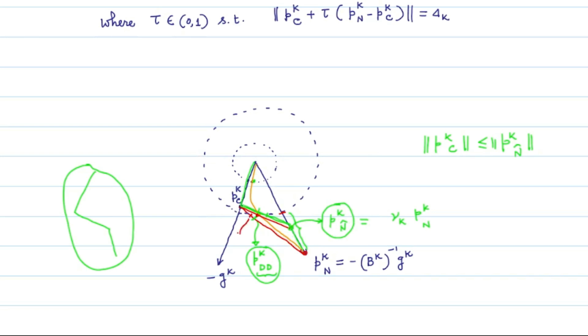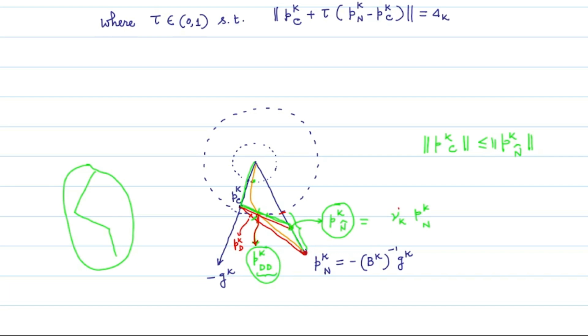So this was the location of PKD, but PK double D's location is this one, and therefore you notice that PK double D is a bit inclined towards the Newton direction.